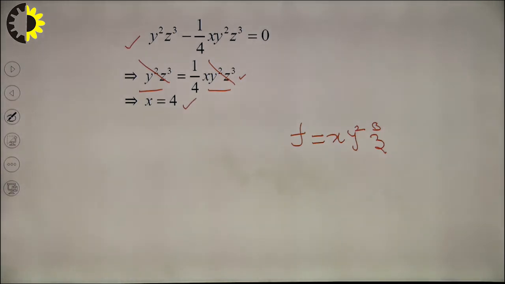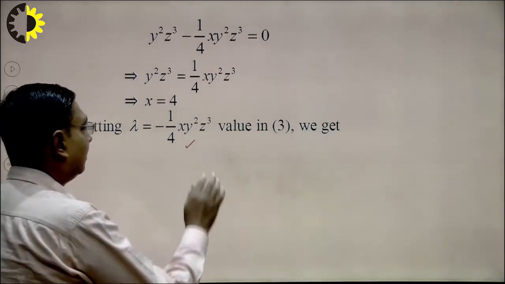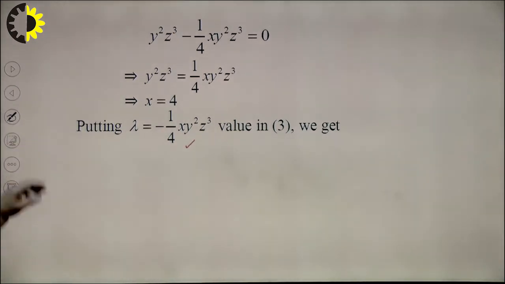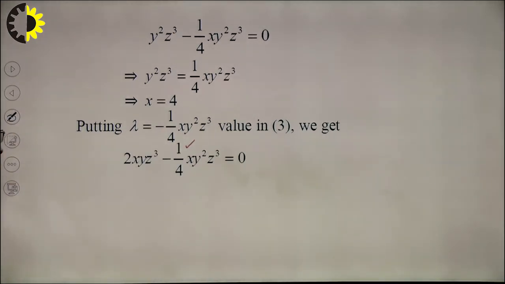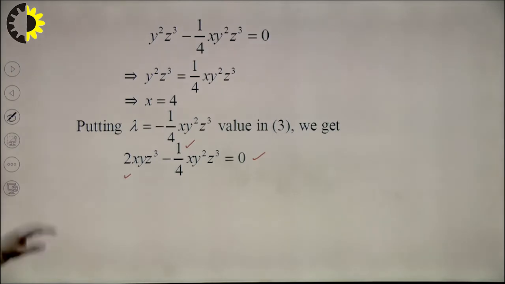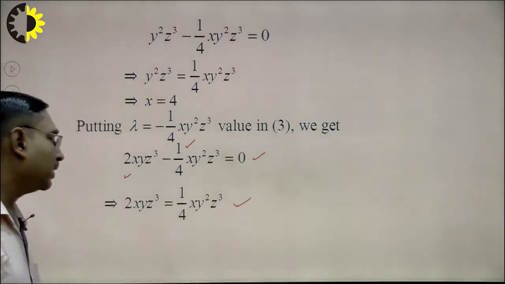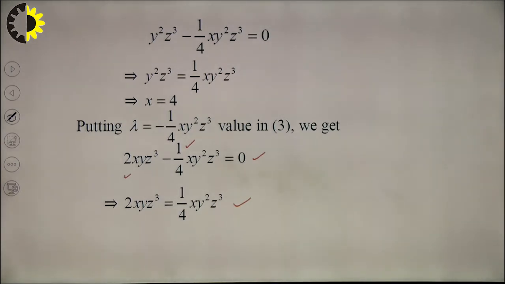Now I repeat the same process with equation 3, substituting this value lambda in equation 3, we will get twice x y z cube minus 1 by 4 x y square z cube equal to 0. Simplifying, I obtain 2x y z cube equals 1 by 4 x y square z cube.